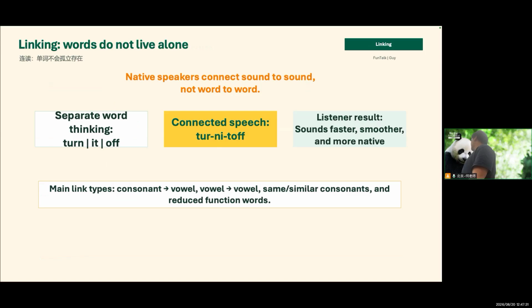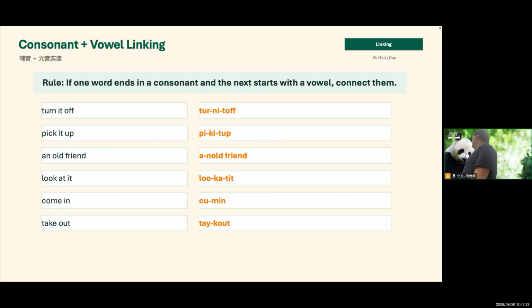I want to go into something maybe you didn't know after this. So yeah, turn it off, pick it up, an old friend, look at it, come in, take out. That's the one you probably learned before.